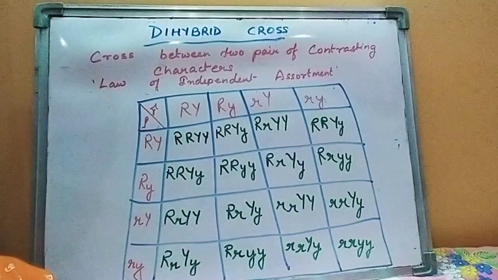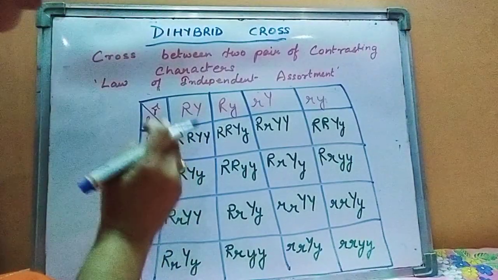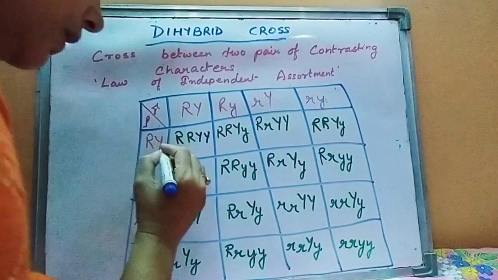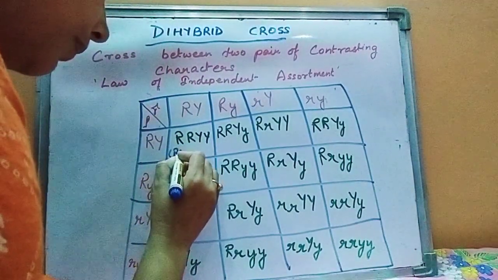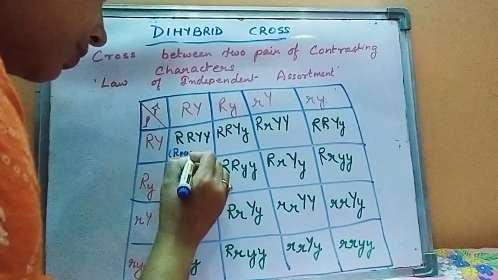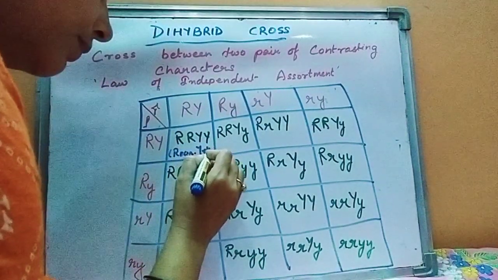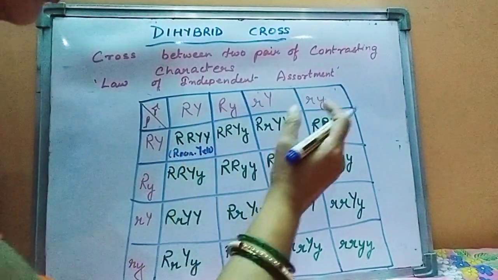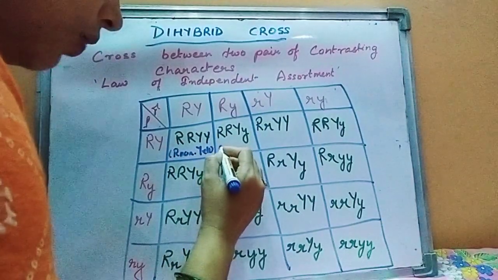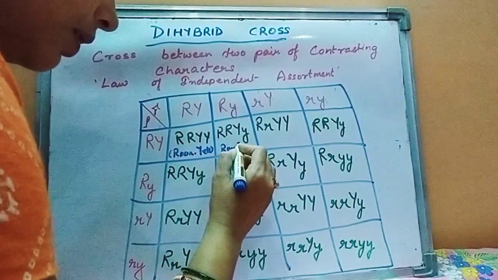calculate. So phenotype means, see, wherever the capital is there, remember it is dominating. So this one will be round yellow. Just go on writing in a small short form, round yellow.